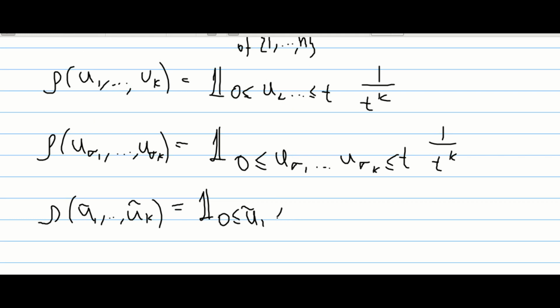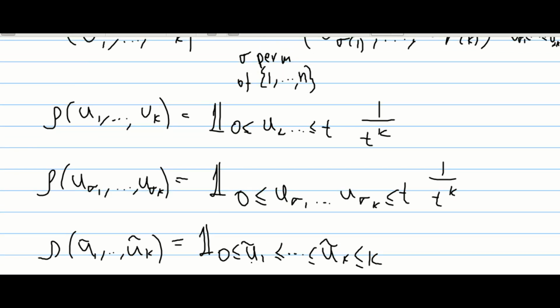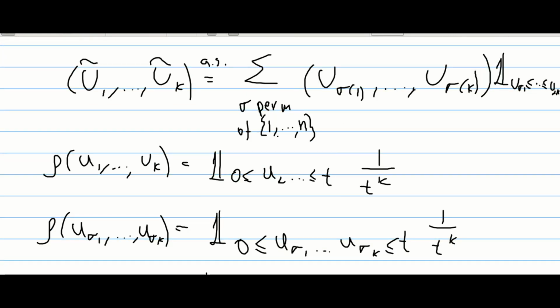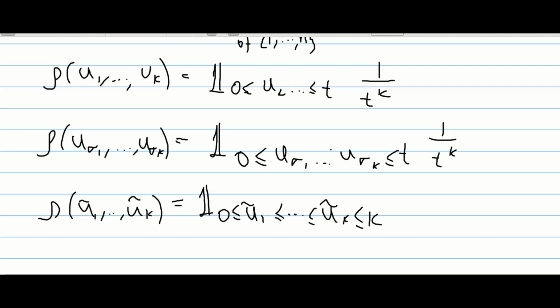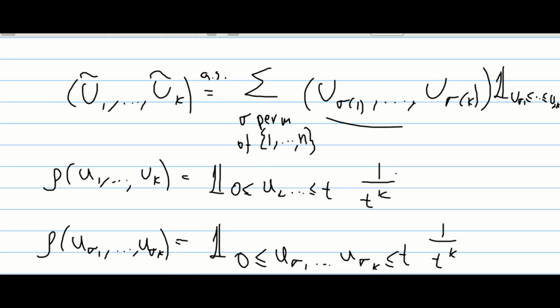Sorry, now it's really ordered. And when we have a given sigma, the probability that we are going to take the indicator function, the density of u with that sigma, this is 1 over t to the k. So just copying the distribution of the original variables because they are the ones appearing here.